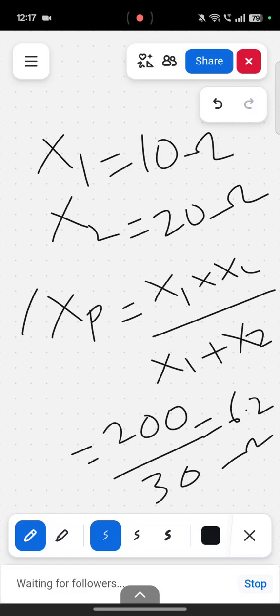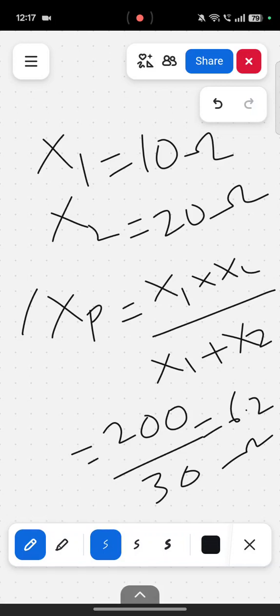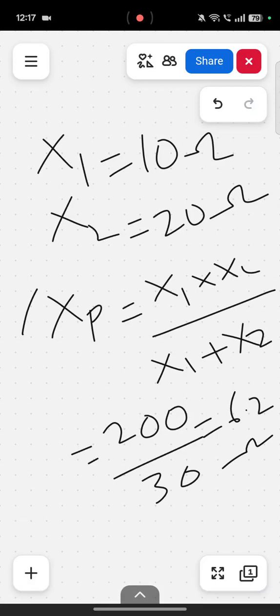This is the theoretical value when these two resistances are connected in parallel, so experimentally you should get this value. This way you can calculate the unknown resistance by using the meter bridge.